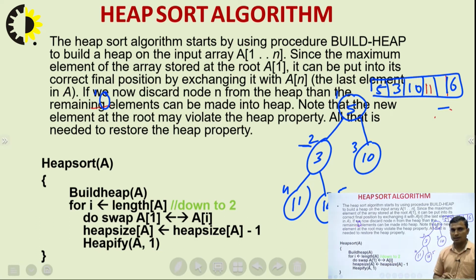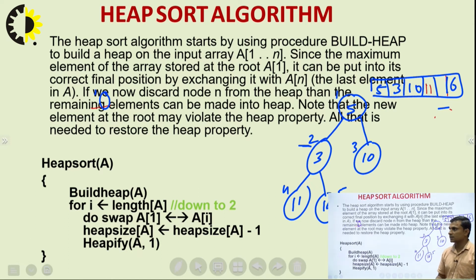Currently in our heap, A[i] will be the last element, and after that we will reduce the heap size by 1. That means the last index, where we swapped the value, will not be part of the heap, and after that we will call heapify for index 1.